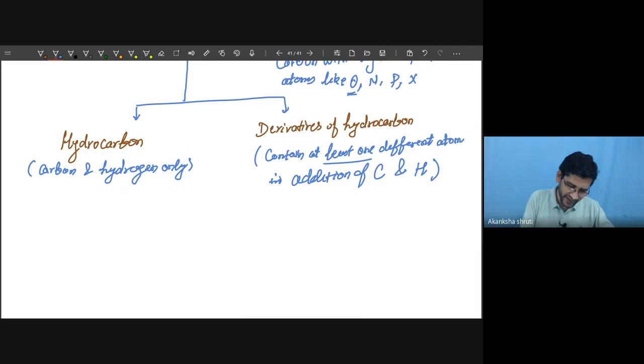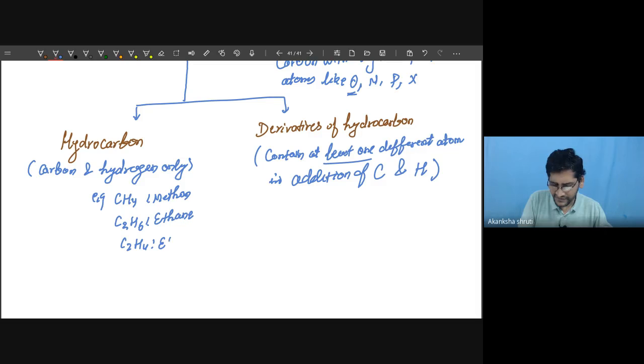Let us first understand with examples. If we write CH4, it is methane. If we write C2H6, it is called ethane. If we write C2H4, it is called ethene.